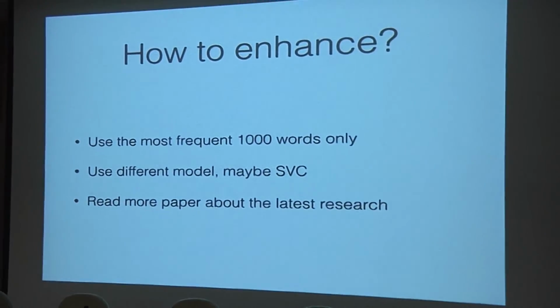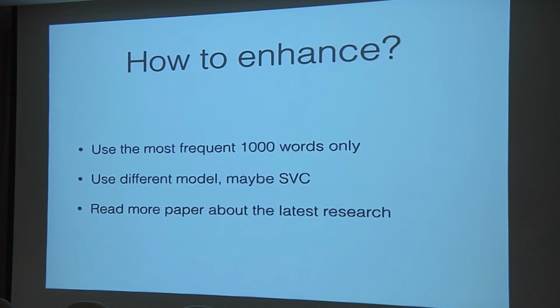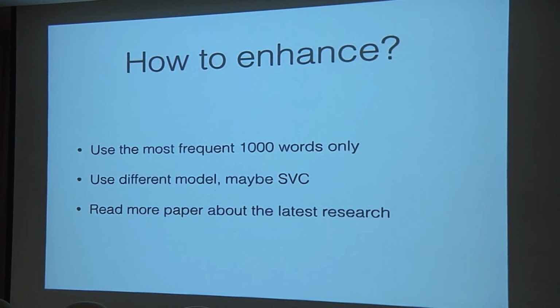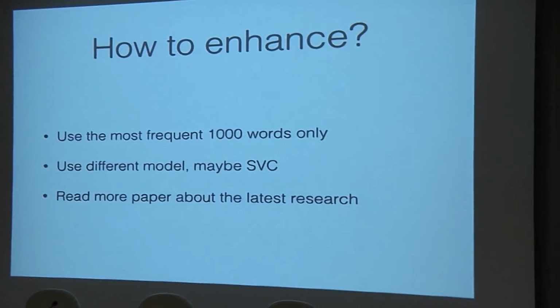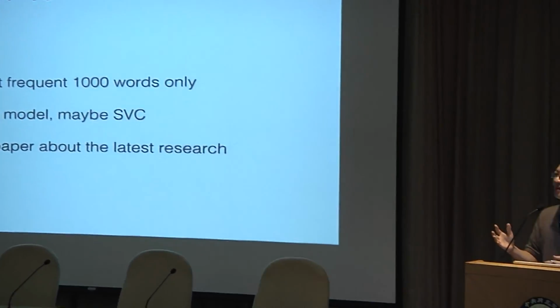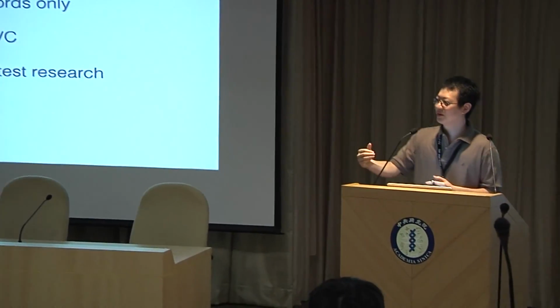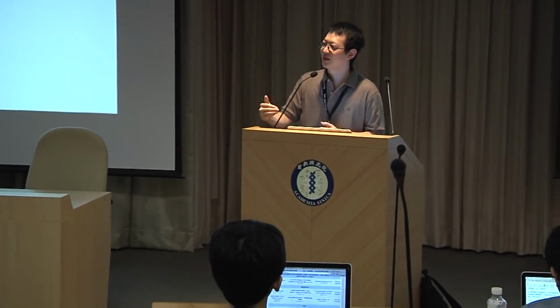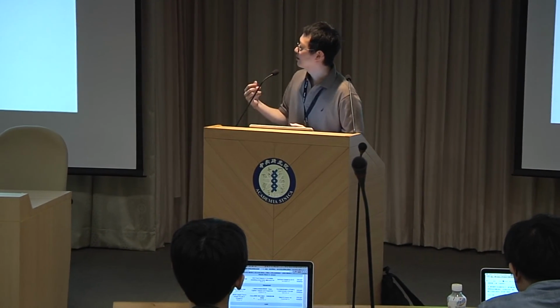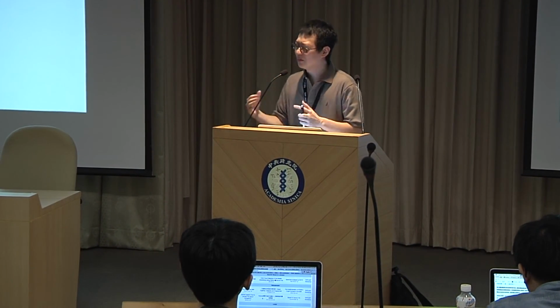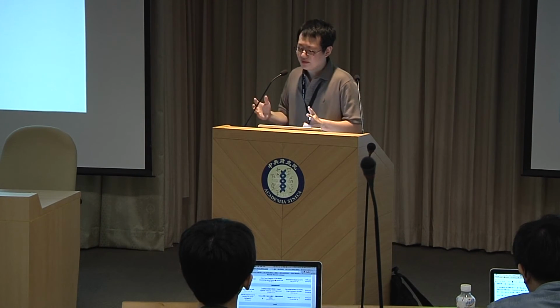The first one is that you can use only the most frequent words, because the model we just built contains all the words, but you can collect all the text first and then compute the term frequency. This word is used very often, so we want to give it more weight. We want to use that to build your model. This is the first way.